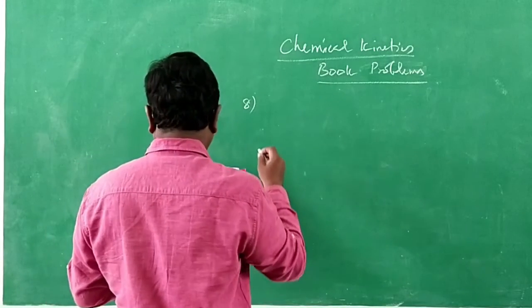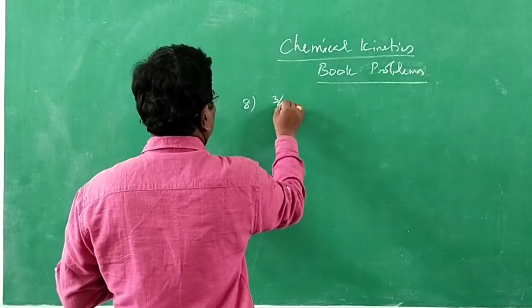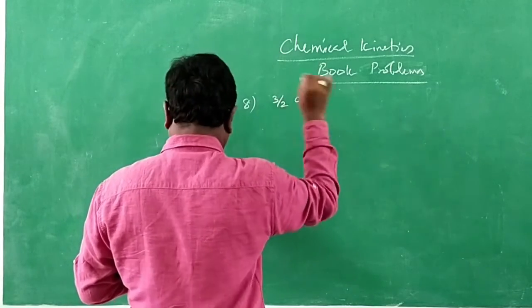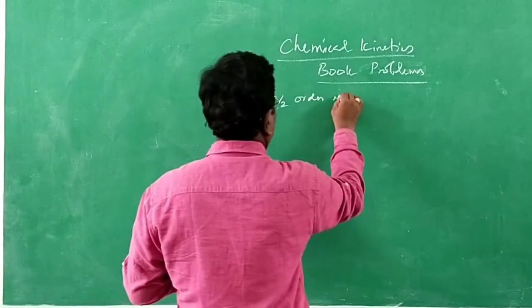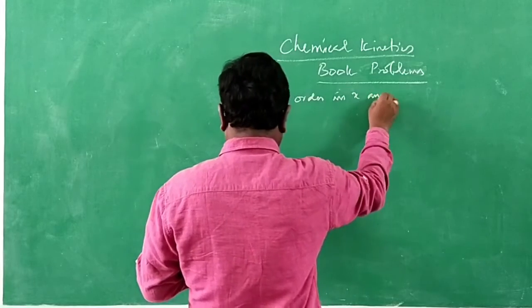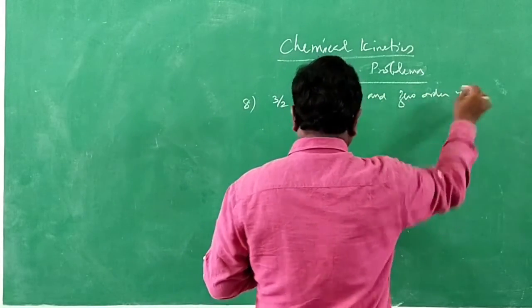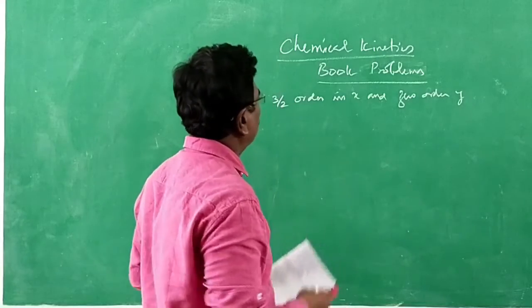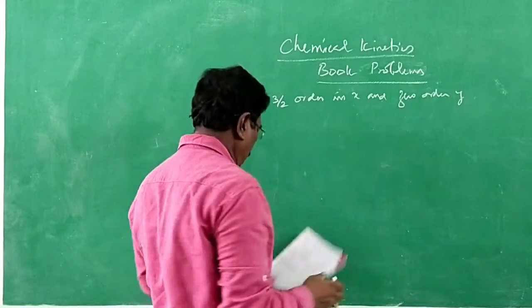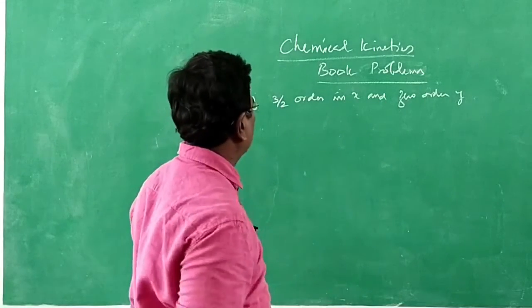A reaction that is 3/2 order in X and 0 order in Y. You are asked to give the rate law. What is the rate law? The reaction may be X and Y gives product.